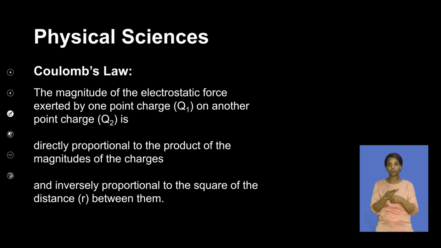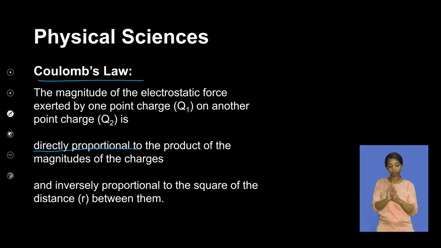Right. Now, this is what it all boils down to, because we were so concerned about Coulomb's law and what exactly it means when we say two quantities are directly proportional while others are inversely proportional. It says here the magnitude of the electrostatic force exerted by one point charge Q1 on another is directly proportional to the product of the charges.